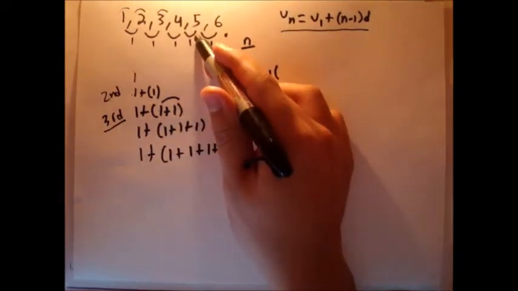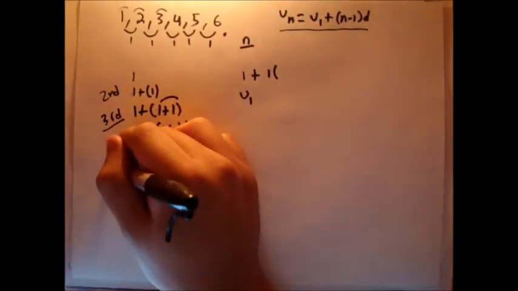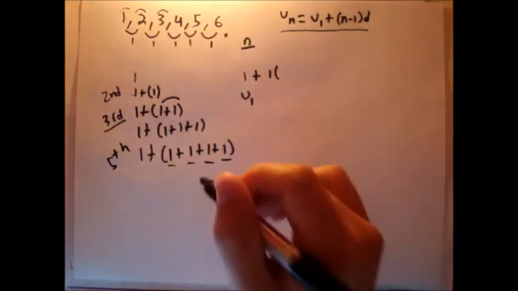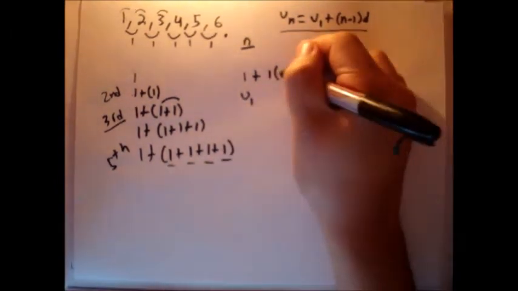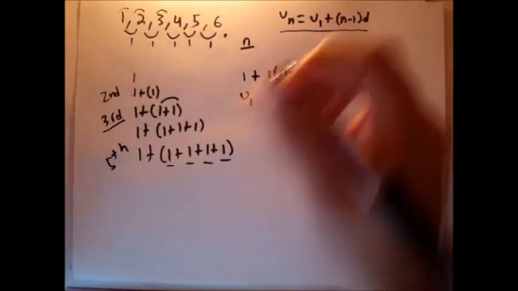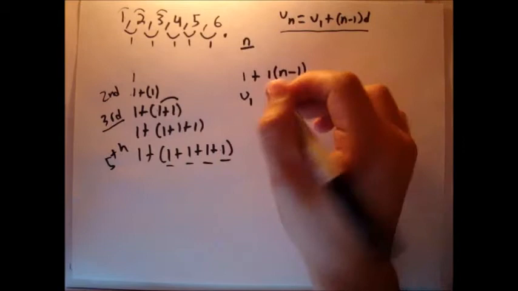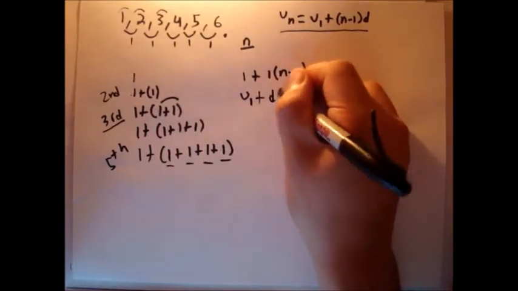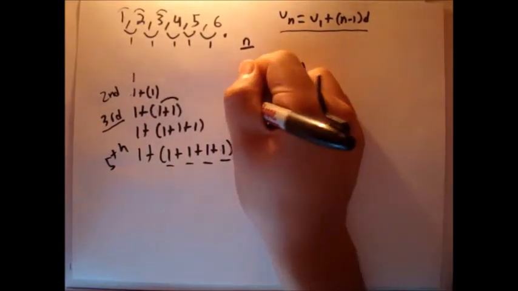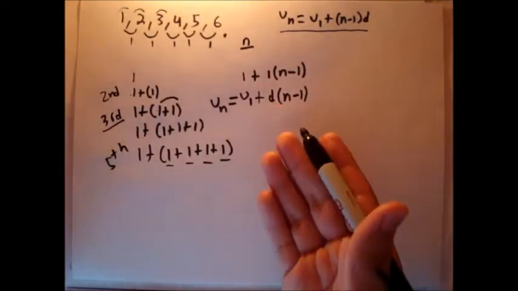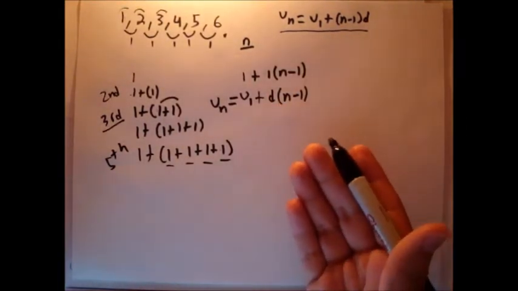This will predict our fifth term. How many 1s do we have? 1, 2, 3, 4. Exactly. Four 1s. In other words, n minus 1. For example, here, if we plug in 5, 5 minus 1 will be 4. That is why common difference times n minus 1 will always equal the number that we want. This is where the arithmetic sequence formula actually comes from.